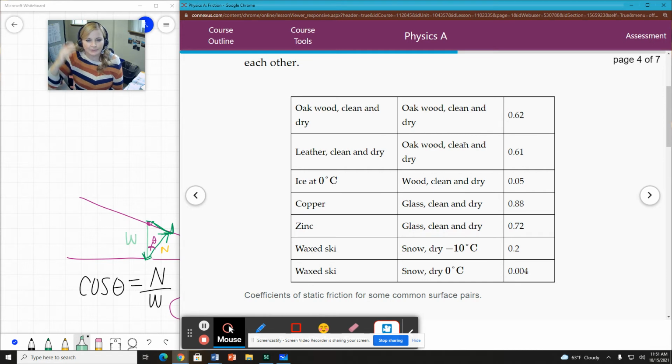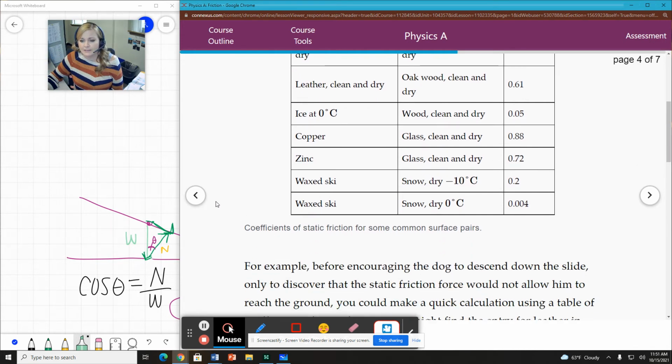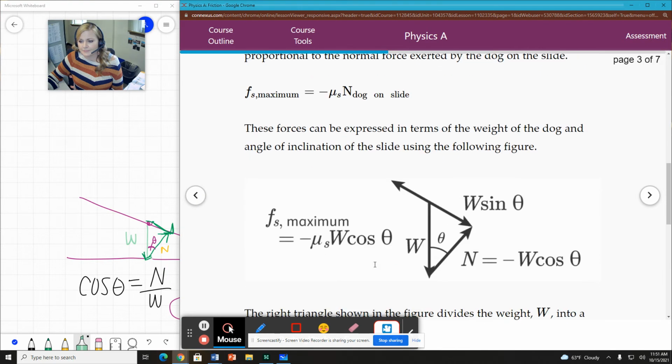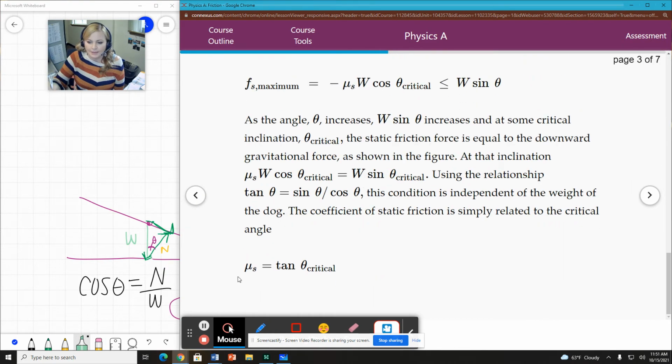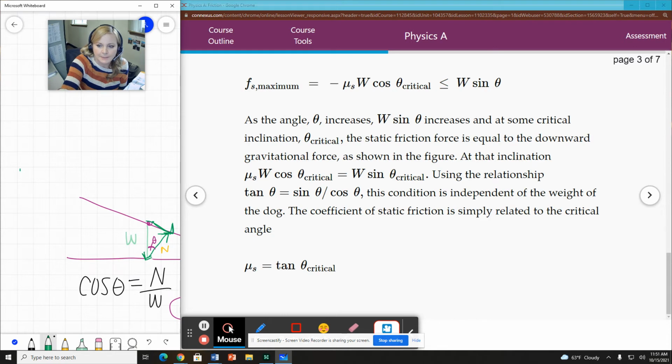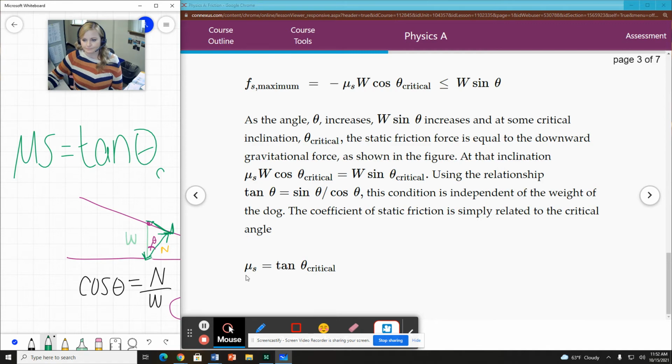If it's at a vertical or more tippy surface, it's different. So we have to use this equation here. Coefficient of static friction, mu sub s is equal to the tangent of the critical angle, right?